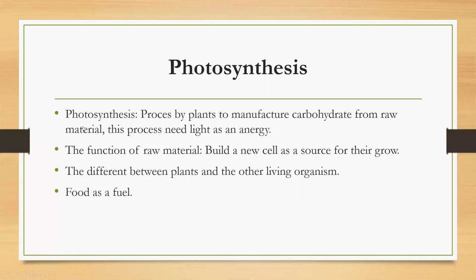The requirement is they need food as a source of energy to grow, and they also make new cells, and the new cells are the source of their growth. So the plant can grow because of that.